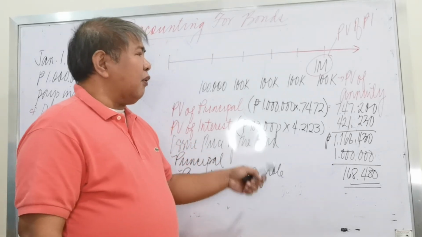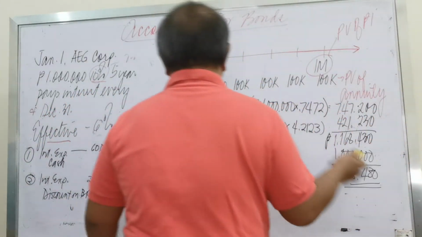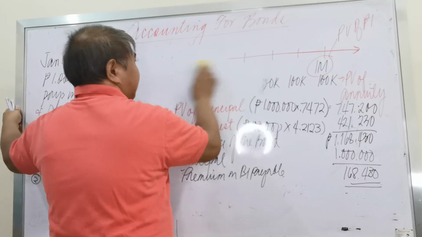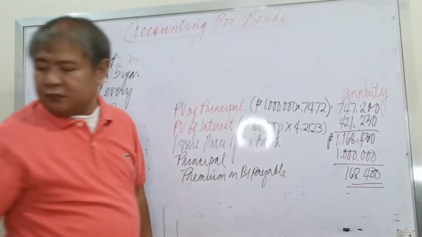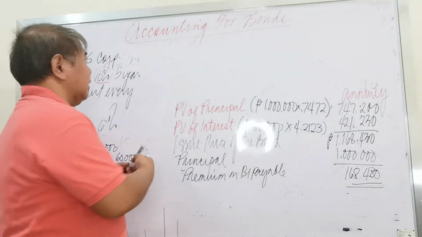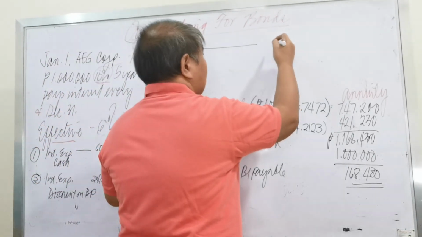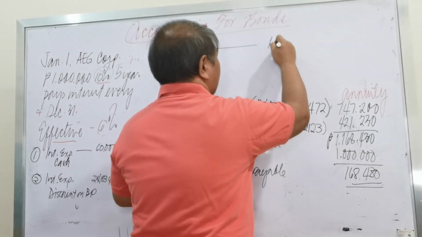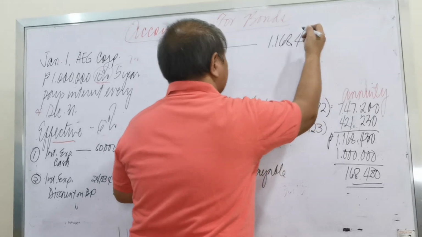So, how are we going to record this transaction? Let's erase this one. Therefore, he received cash, so cash for 1,168,430.